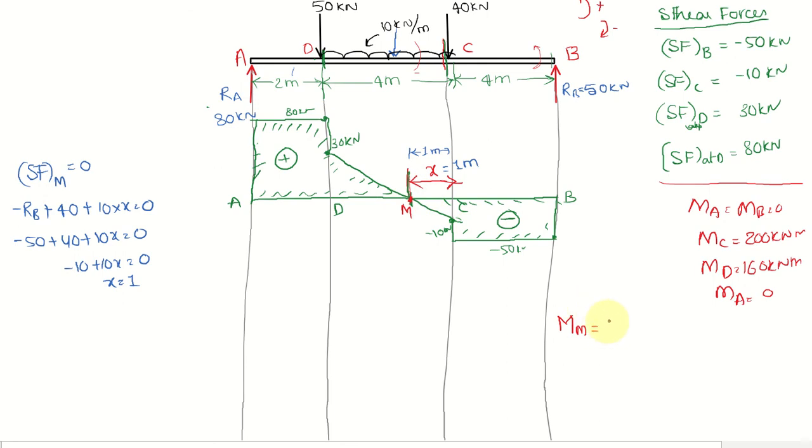So we need to consider moments up to this point M, plus RB into distance up to this point M, that is 4 plus this 1, 4 plus 1, and we have 40 multiplied by x. So minus 40 into x, so that is clockwise moment it is giving, so you please understand that, and 40 into x, that is nothing but 1, right.